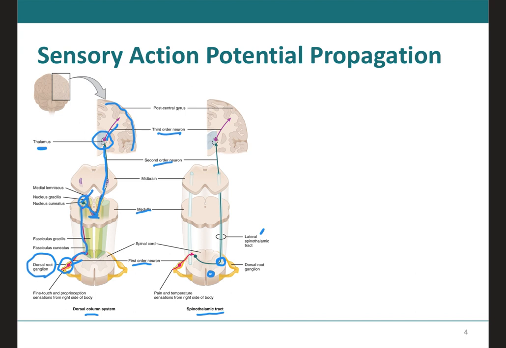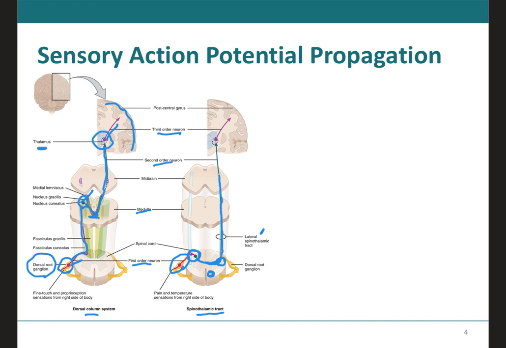Now, with regards to the spinothalamic tracts, we will see that it's very similar to the dorsal column. So you're still going to have a first order neuron that will synapse with a second order neuron, but notice how the second order neuron is located at the same location where this first order neuron is entering the spinal cord. So the decussation occurs at the level of the spinal cord, and it continues up through the lateral tract.